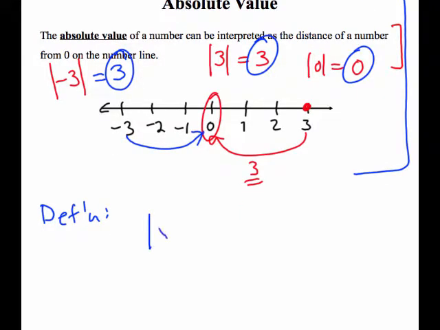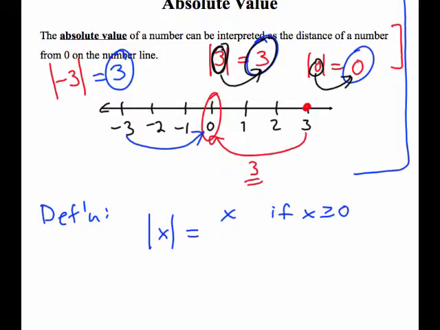The absolute value of a number x is the number x itself if the number x itself is positive, or 0. So if x was positive like it is here, 3, then the absolute value is that same number. Or if it's 0, it is 0.